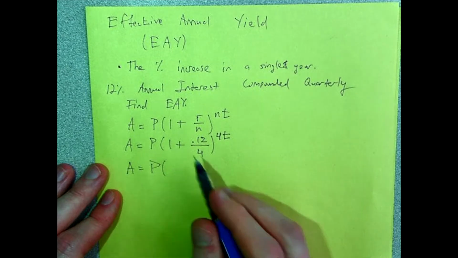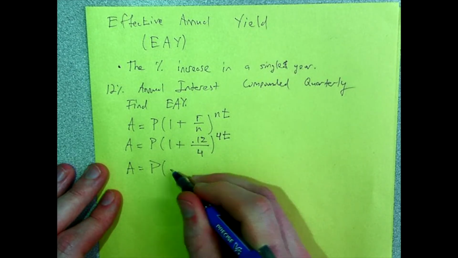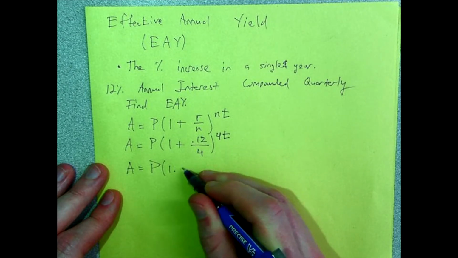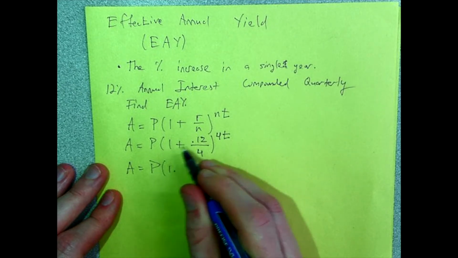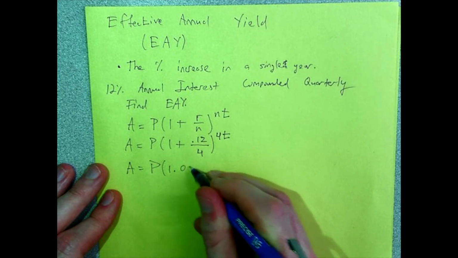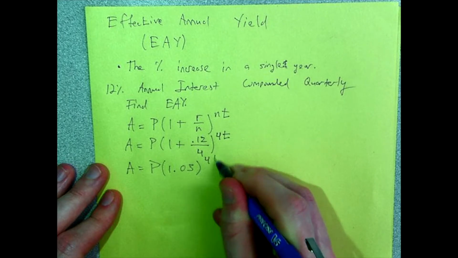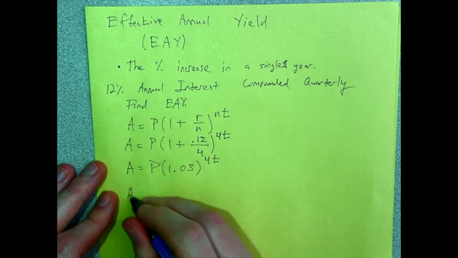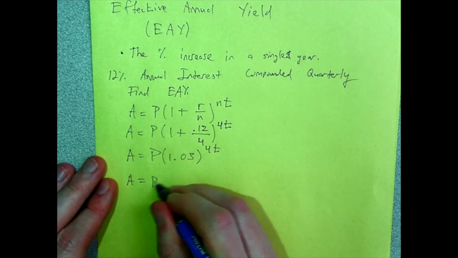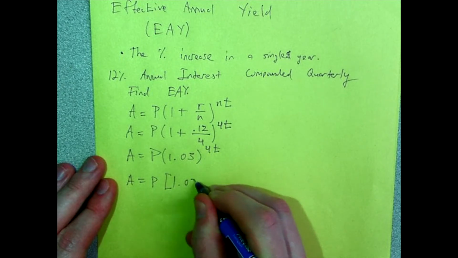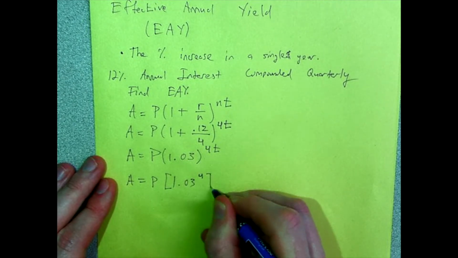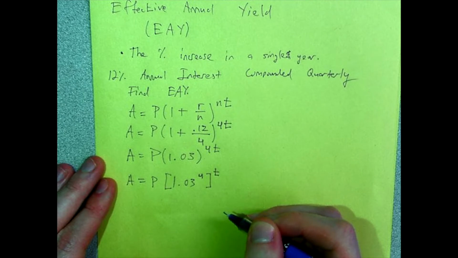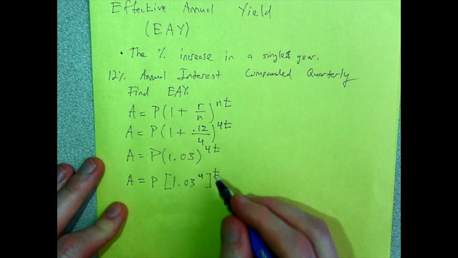I think I'll start by simplifying this thing right here. 0.12 over 4 is 0.03, so this whole thing is 1 plus 0.03, so it's 1.03 to the 4t. And now notice that I can rewrite this expression as P times 1.03 to the 4th, to the power of t. That's sort of using the power of a power rule.